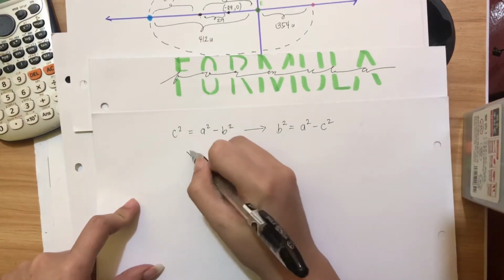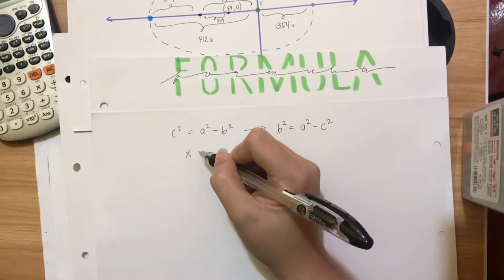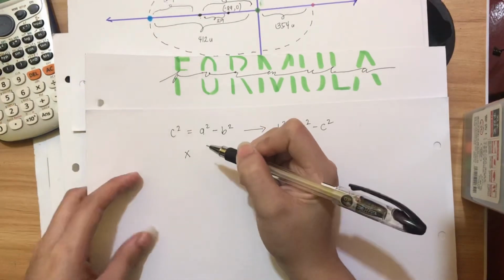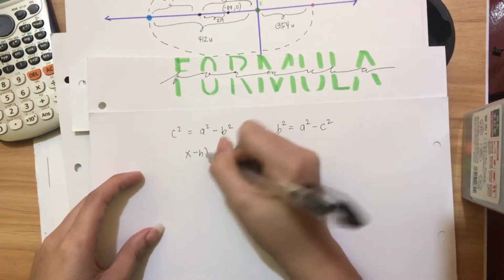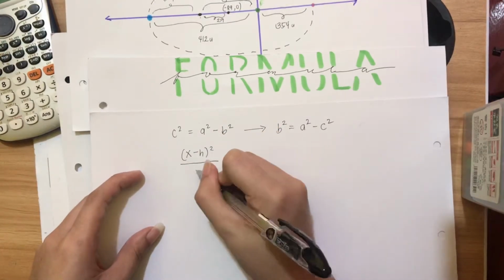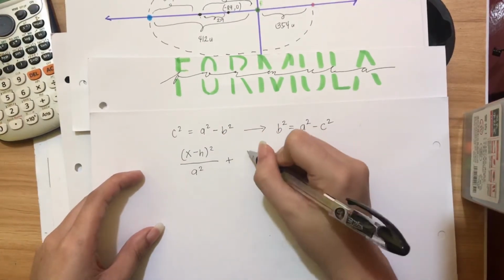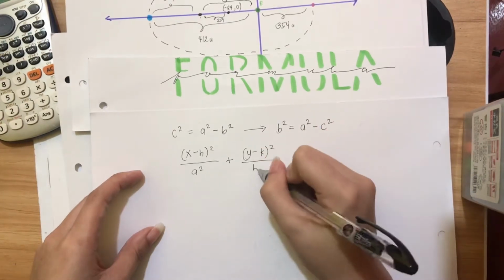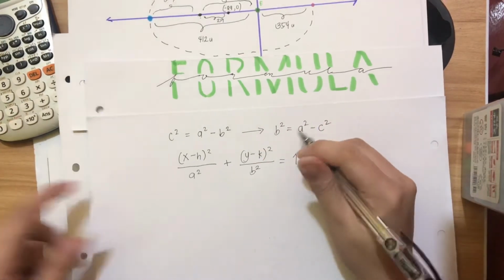The next formula is the standard equation of an ellipse when its center is not at the origin: x minus h quantity squared over a squared plus y minus k quantity squared over b squared is equal to 1.